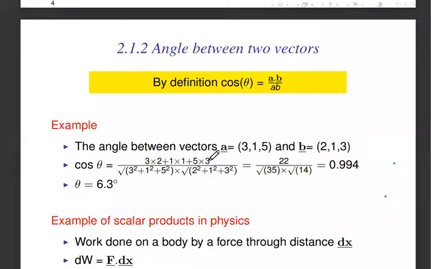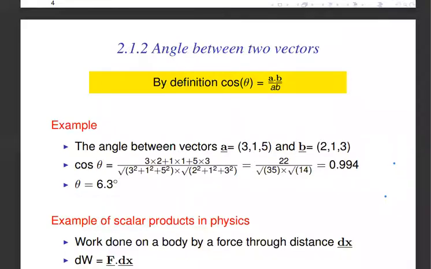So you can define it if you know the dot product. For instance, look at this. Here vectors are given. These are position vectors, right? A and B are given here.